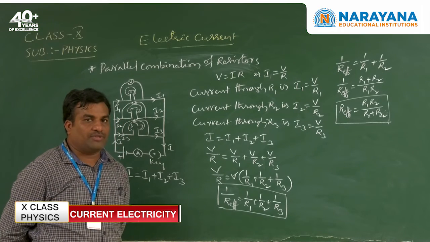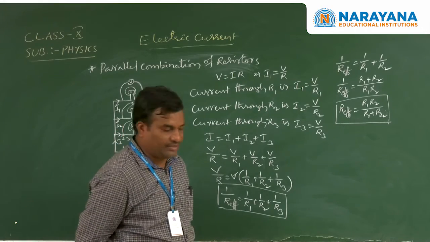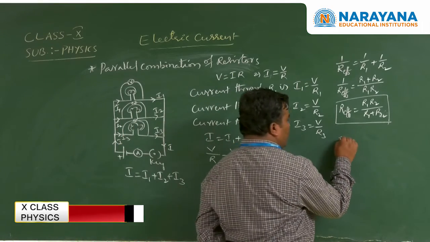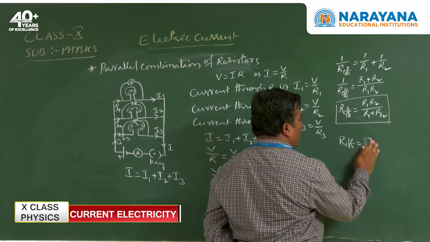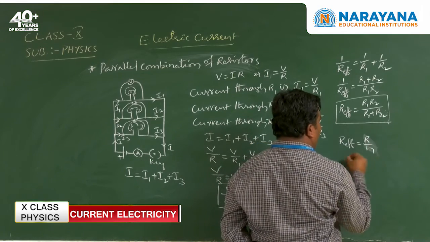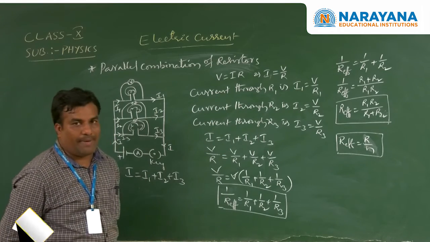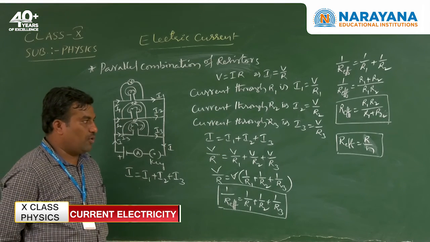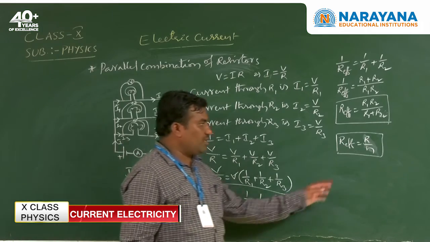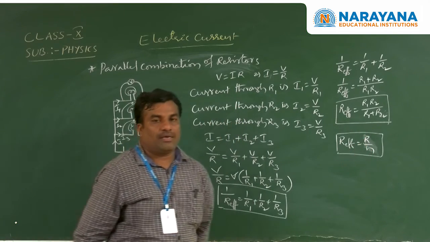Here we can observe that for N equal resistors in parallel, R effective is equal to R by N. In the parallel combination, the effective resistance is less than the individual resistance.